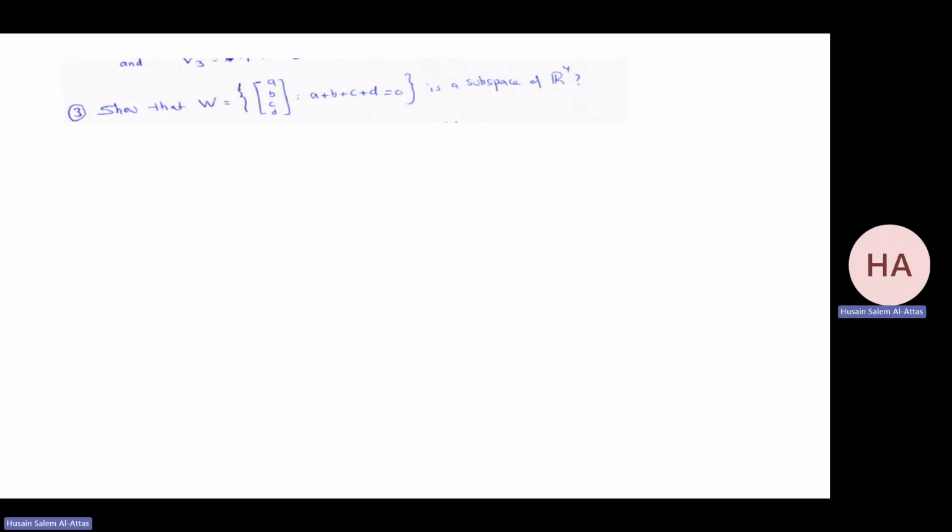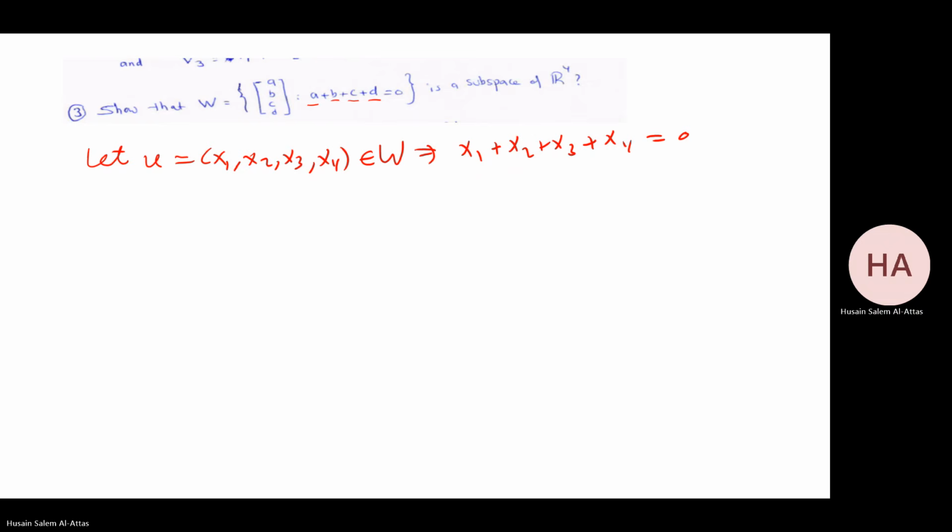Show that this is a subspace. So let U equal x1, x2, x3, x4 belong to W. That means x1 plus x2 plus x3 plus x4 is equal to 0. That's what they have. If you add these components, I'm getting zeros.